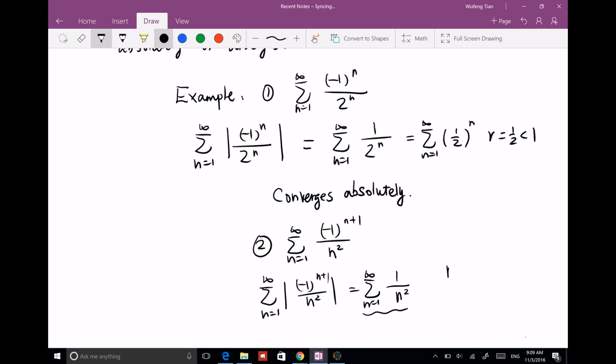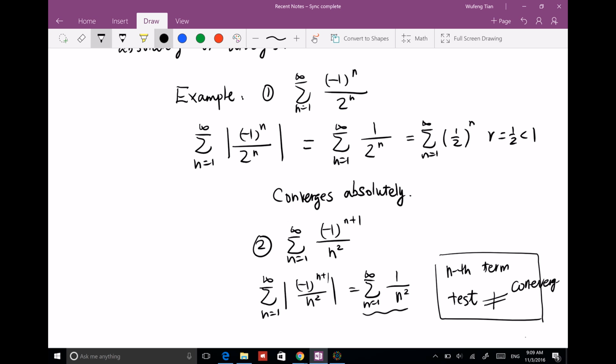Can we use the nth term test to say if it converges or diverges? I want to say that again, because I've emphasized this property many times. The nth term test cannot tell you it converges. You cannot use the nth term test by itself to say this series converges. Nope.